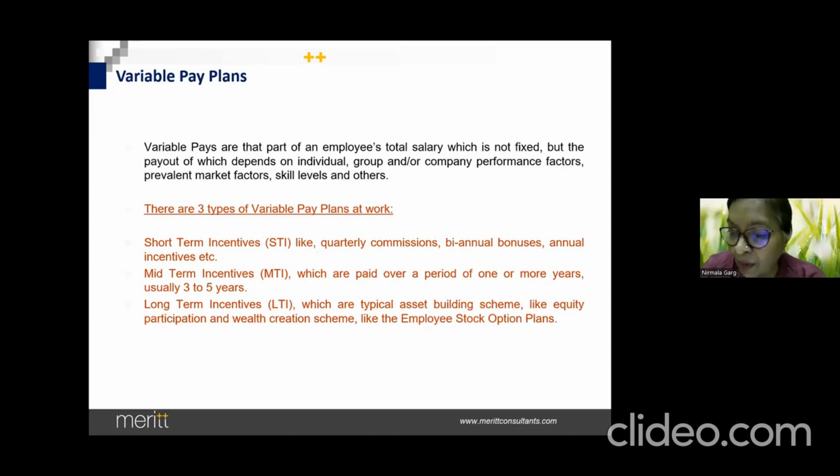We will talk about it, gratuity. But it does not come under long-term incentives. It is a retirement benefit which is mandatory. Got it, Nitin? Yes, ma'am.